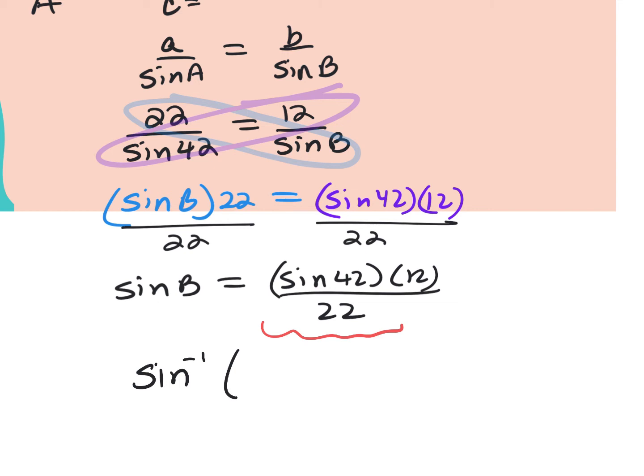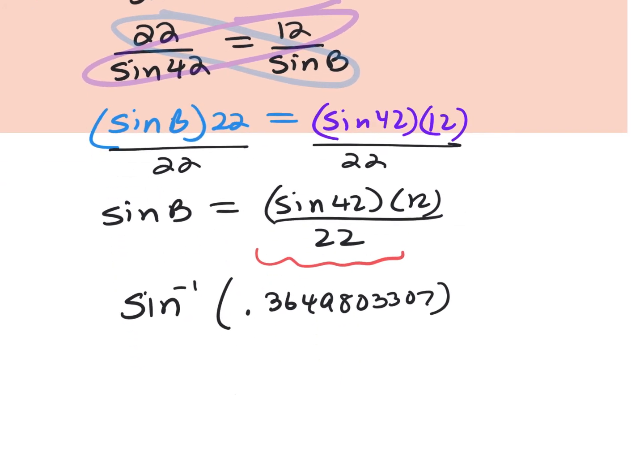So let me go ahead and multiply sine of 42 times 12 divided by 22, and I get 0.36498033307. Then I'm going to do shift sine, put this decimal in there, and then angle B is going to equal, I get, rounded to the hundredths place, 21.41.